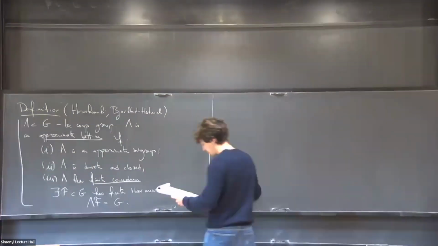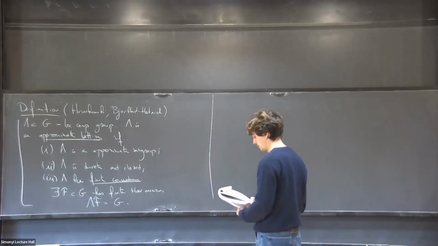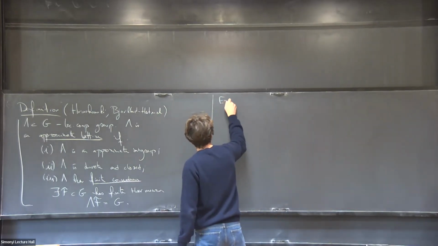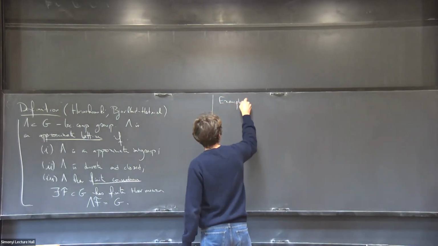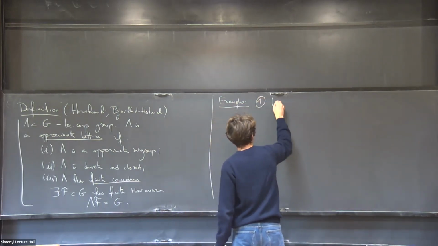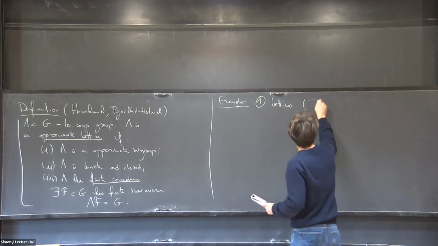And I'm going to give you a few examples that are going to guide us through this process. The first example that you might be thinking of is plane lattices. It's boring, but that will do.